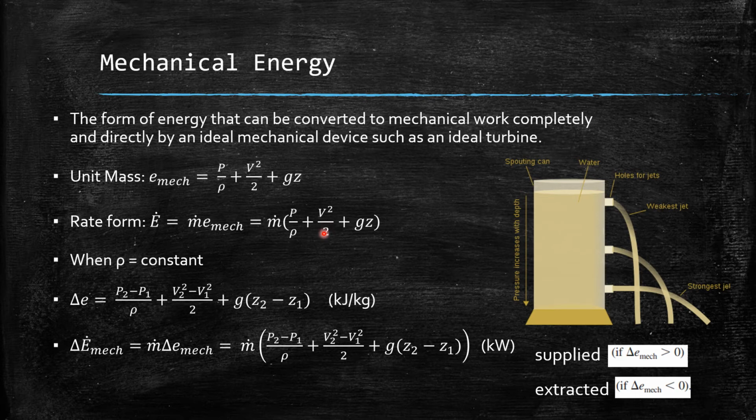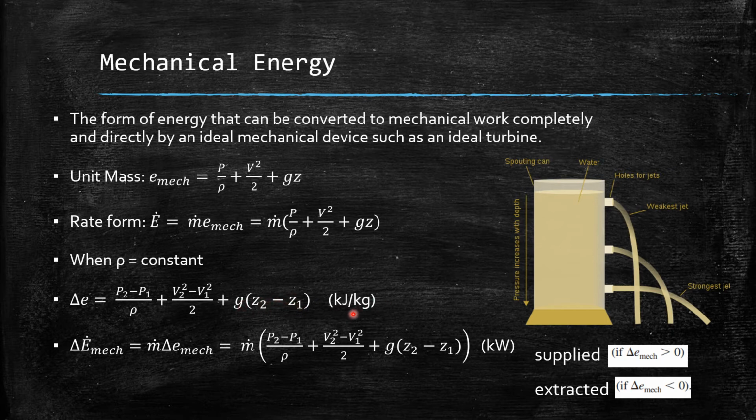Then, the mechanical energy change of a fluid during incompressible flow, meaning when your density rho is constant, becomes this one, meaning the change of the energy per unit mass is given by the change of pressure over rho, plus change of velocity squared over 2, plus g times the change of elevation.